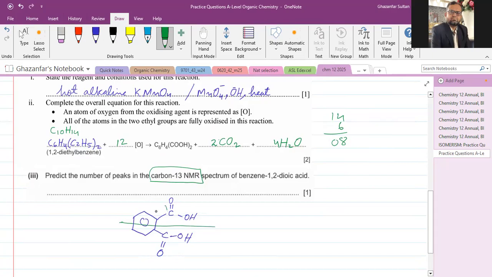So one for this carbon, and both are the same carbon atoms. These two are the same carbon atoms. So the second signal would be due to these two carbon atoms. And these two carbon atoms are also similar. So these two carbon atoms, you can number it 3. And this is the fourth one. So total 4 signals could be there.